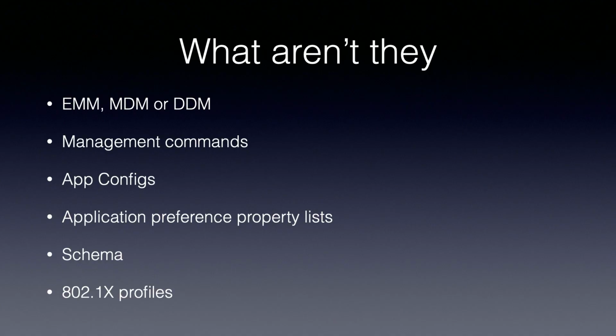In terms of what they are not, even though as a practical matter you can't talk about payloads or configuration profiles much without talking about MDM, they aren't MDMs. MDMs are basically the way they get out onto devices.